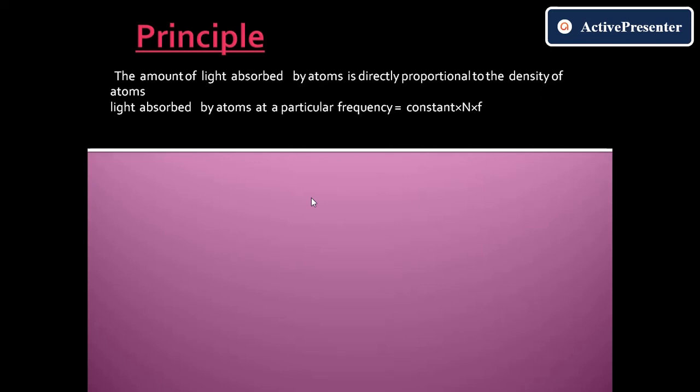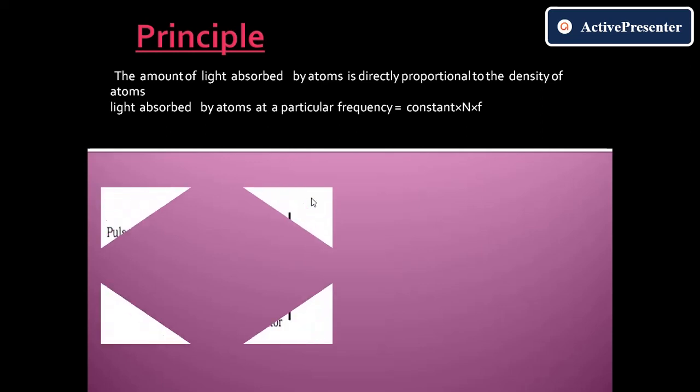This light absorbed by the atoms at a particular frequency is given by constant into N into f, where the constant is pi e squared by mc, where all the terms are known, N is the number of atoms which absorb the radiation, and f is the oscillator strength, or the capability of each atom to absorb the light energy.